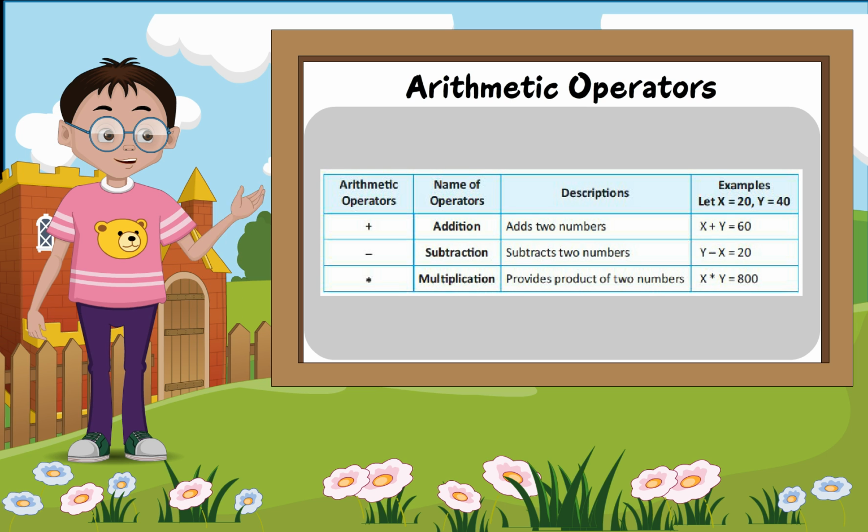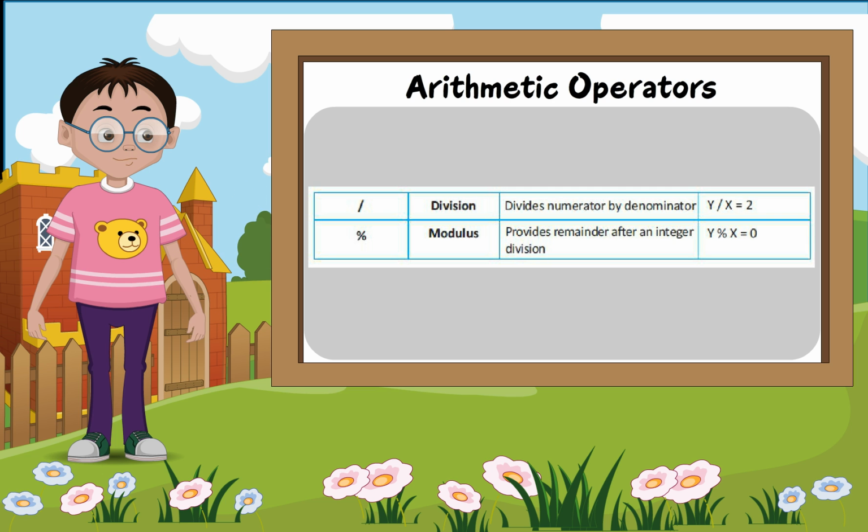Star, multiplication, provides the product of two numbers, x multiplied by y equals 800. Slash, division, divides numerator by denominator, y divided by x equals 2. Percent, modulus, provides the remainder after an integer division, y modulus x equals 0.